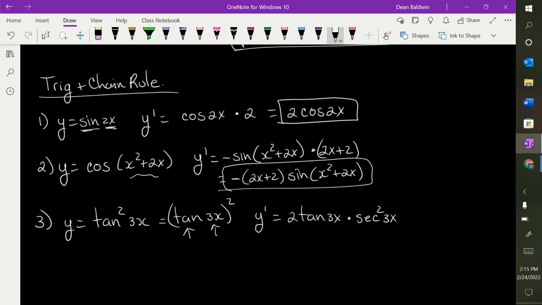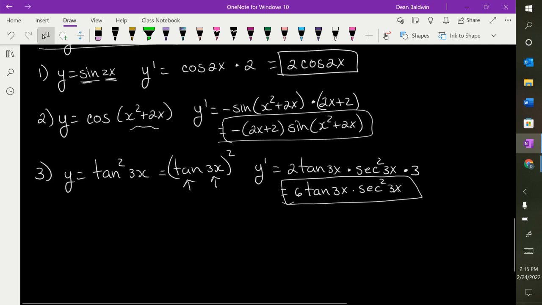The derivative of 3x is 3. So I can multiply the 3 and the 2 together to get 6 tan 3x secant squared 3x. You can just leave it like that. We might simplify later on, but for right now, we're just going to leave it like that. We're just trying to get used to trig functions. All right, next one.